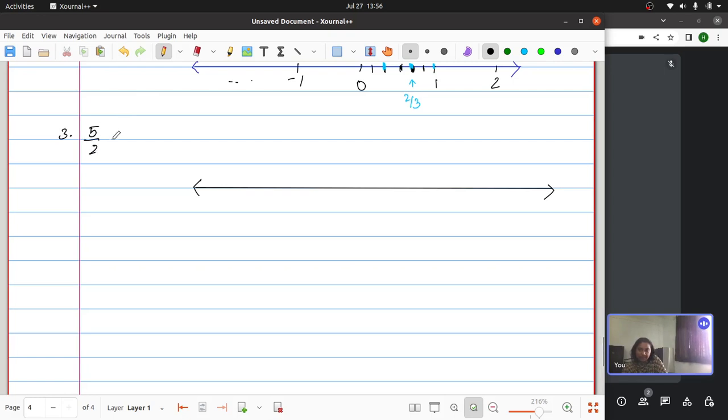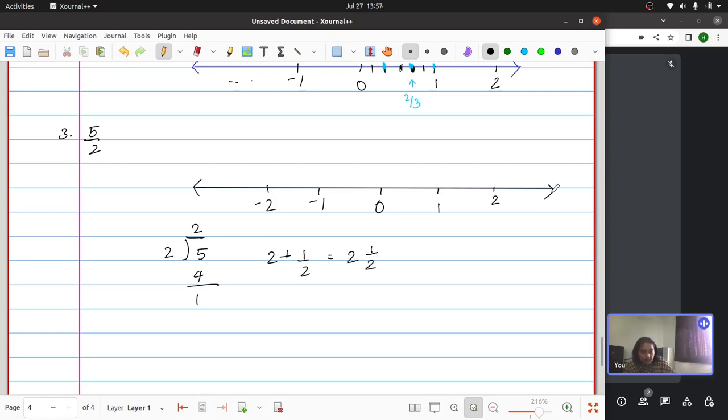Let's look at 5 by 2. So when we say 5 by 2, what is it? When we divide 5 by 2, it goes 2 2s are 4, you have a remainder 1, right? So this is the same as 2 plus half, or rather we write it in this form 2 1 by 2.